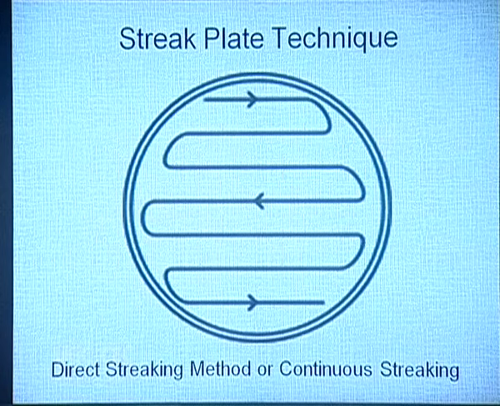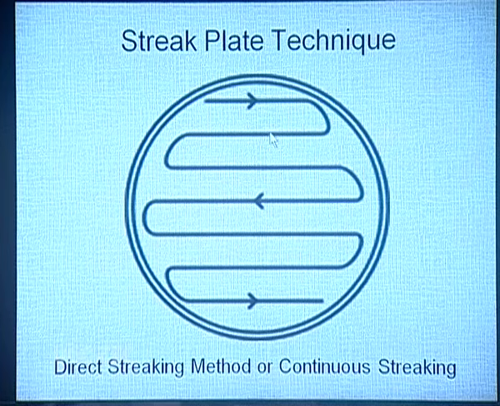Now, the streak plate technique is of various types. The first type we are going to learn is called the direct streaking method or continuous streaking. This is a diagrammatic picture of a Petri plate having a solid agar media.